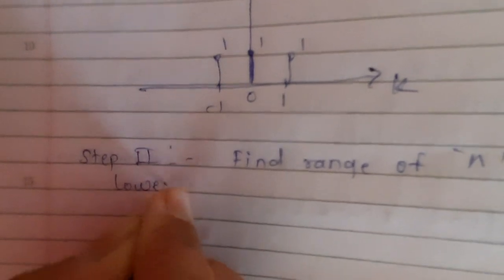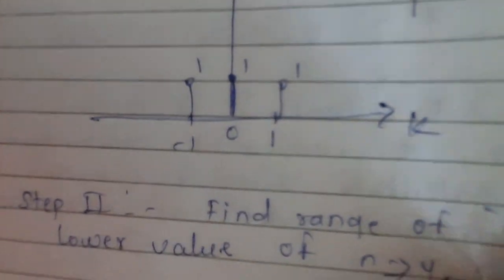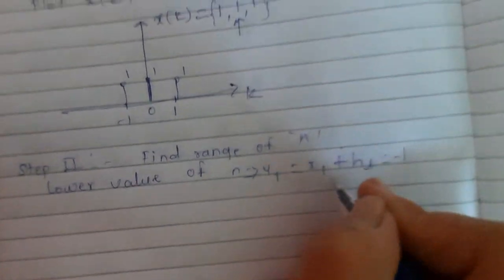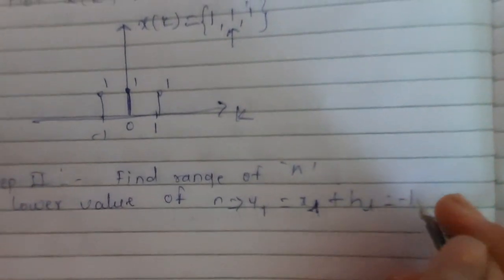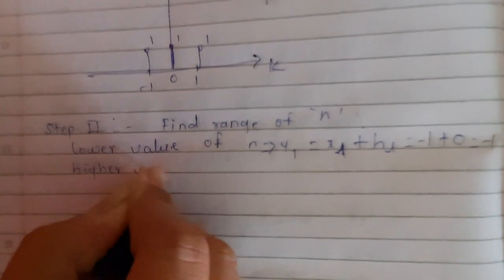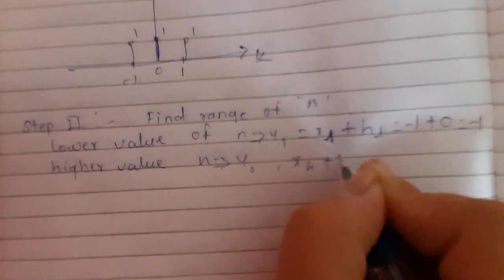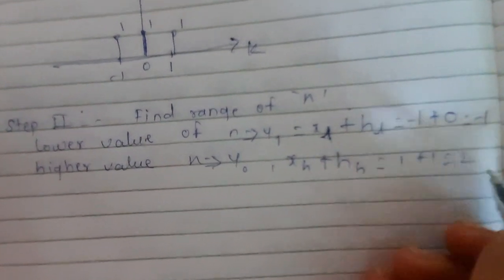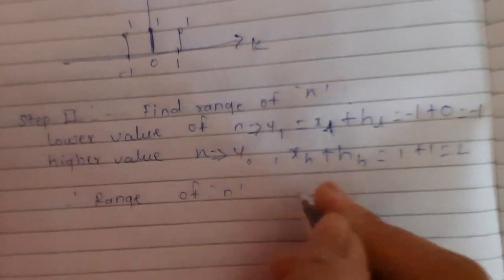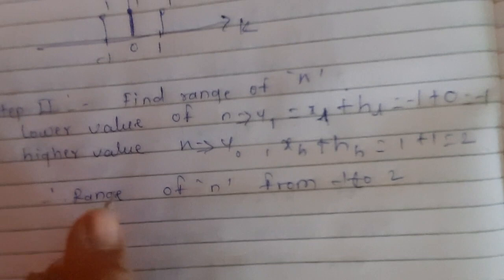The lower value of n is equal to x lower plus h lower, which is minus 1 plus 0 is equal to minus 1, and the higher value of n is x higher plus h higher, which is 1 plus 1, it is 2. So the range of n is from minus 1 to 2.